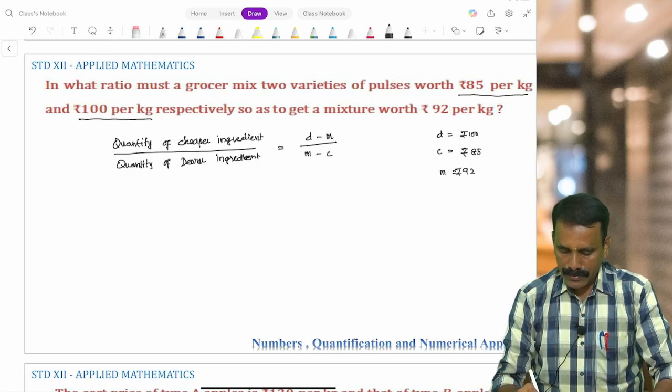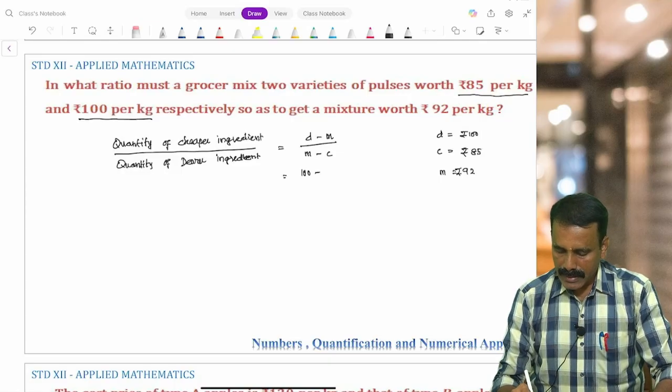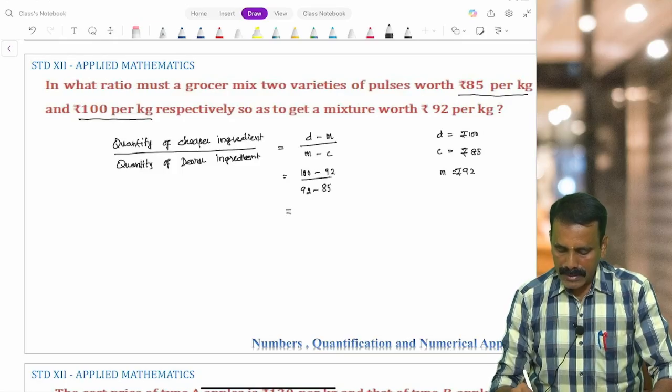So we substitute. Dearer value is 100, mean value is 92, divided by mean value 92 minus cheaper value 85. So 100 minus 92 is 8, and 92 minus 85 is 7.